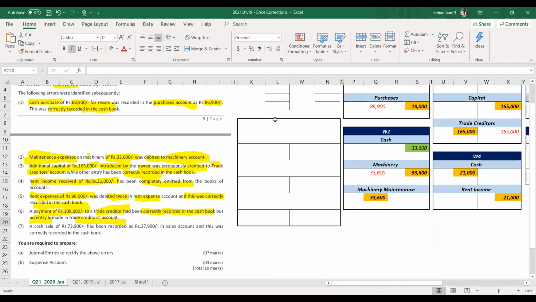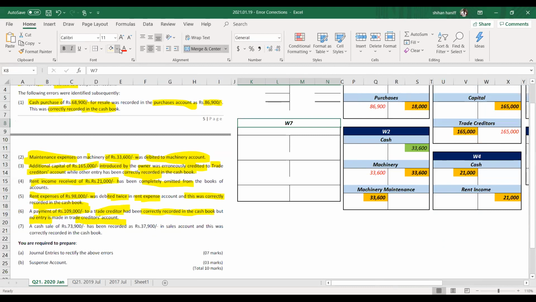Then the last one, number 7. So can you do it?